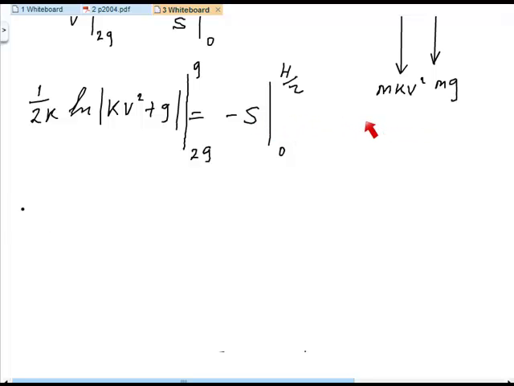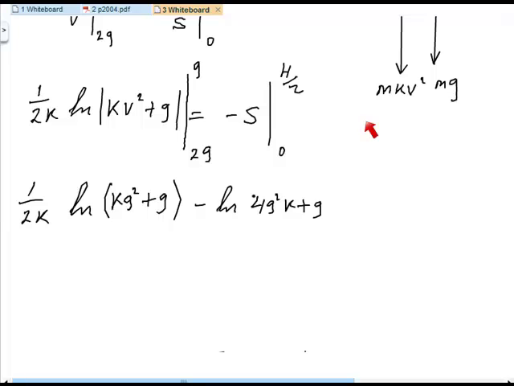Okay, so let's just put in our limits then. This becomes 1 over 2k, the natural log of, put in the g first, so it's kg squared plus g. We put a bracket because we know that k is plus, minus the ln, put in 2g for v squared, and you get 4g squared k plus g.